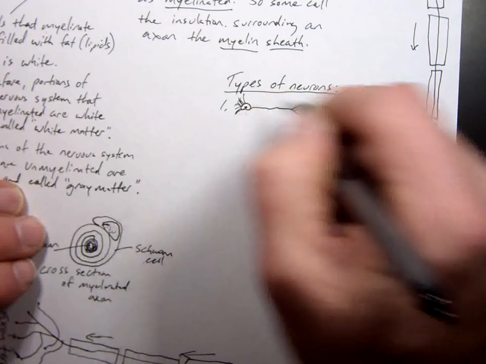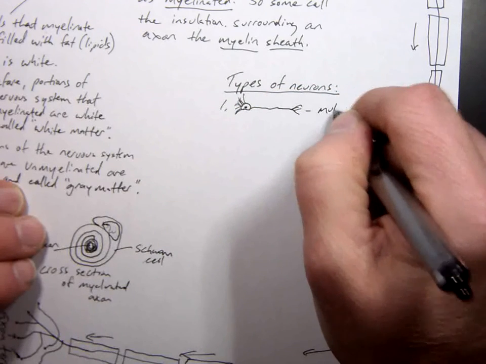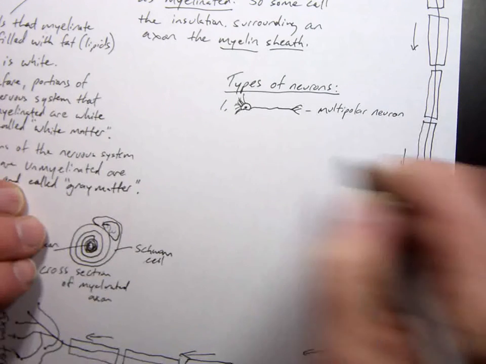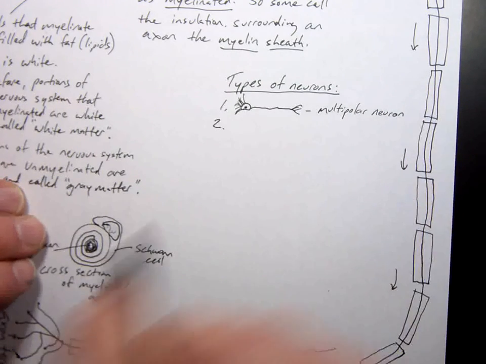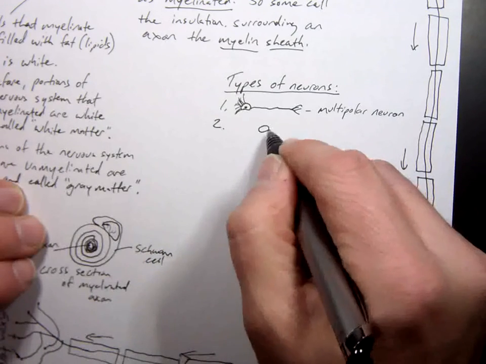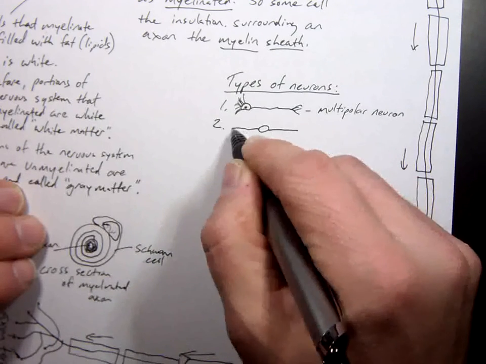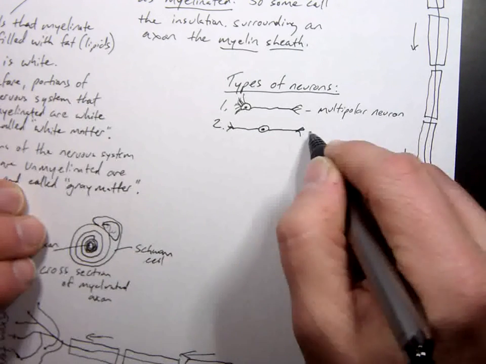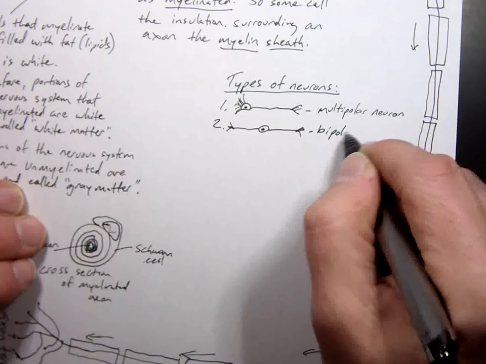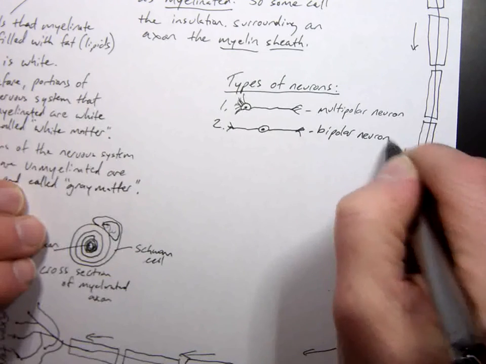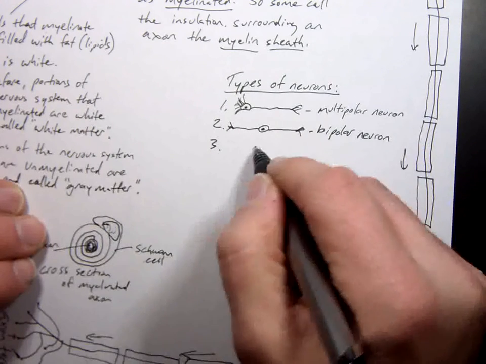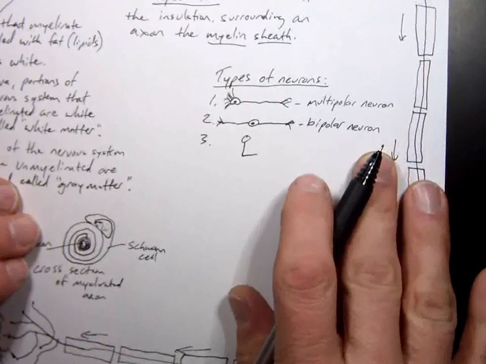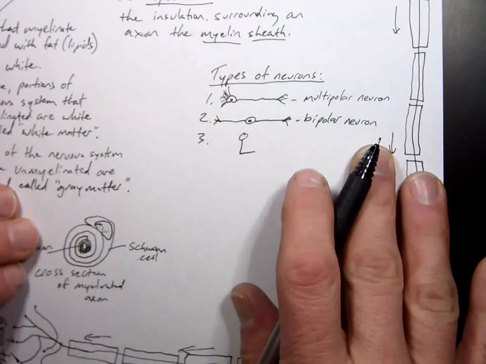And that's called a multipolar neuron. The second neuron, we're going to draw this soma in the middle and these extensions coming out like that. This one is called a bipolar neuron. Let's see if you can figure out the pattern here. Bipolar neuron.